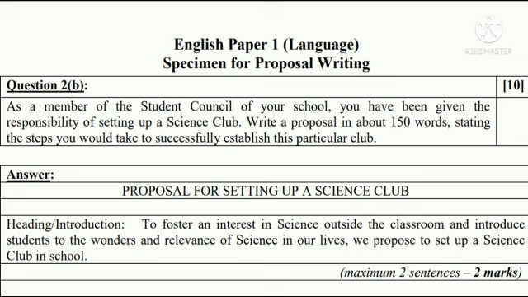So you have to write a proposal of about 150 words. You have to keep the word limit in mind. You cannot write the proposal in 300 words. Marks will be reduced for that.